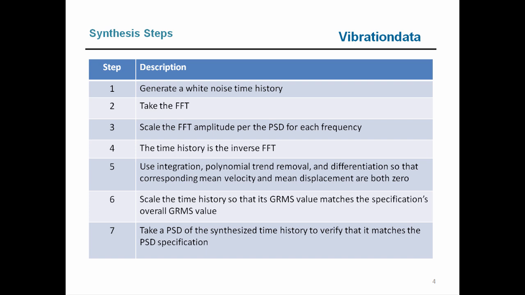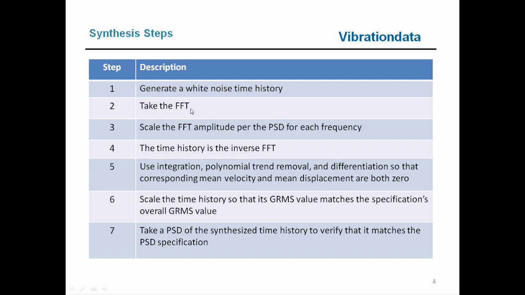So here's how we're going to go about doing our synthesis with these 7 steps. And of course there's a lot. This is just an overall outline. There's some in-between steps and some additional steps as well, but this gives the general idea. So first of all, we're going to generate a white noise time history with a normal distribution, and this can be easily done using a function in MATLAB.